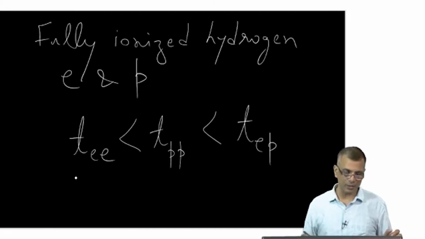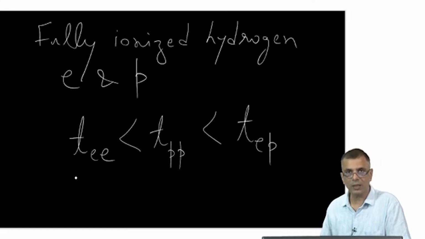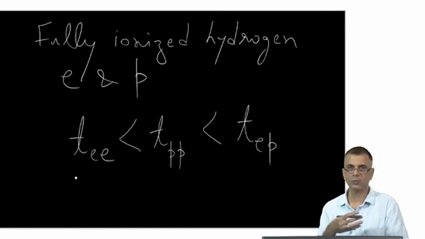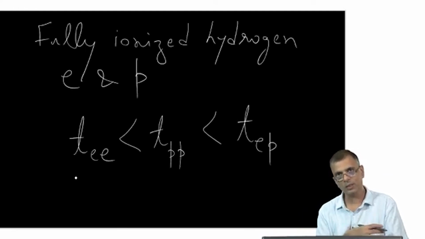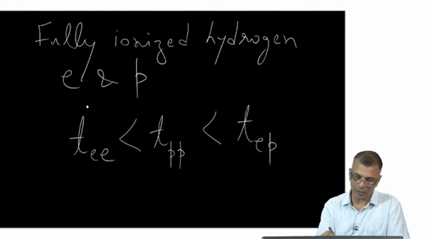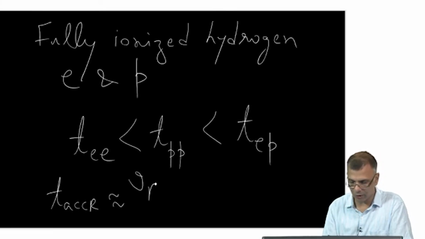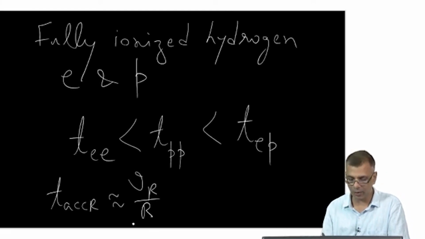The reason I'm hinting at this is because sometimes there is enough time during the accretion process. Remember, the accretion process is one where matter is swept in radially. During the accretion process, there is enough time for electrons and electrons to equilibrate. So there would be a T accretion, which is given by some kind of VR over R, the radial velocity divided by the local radius.